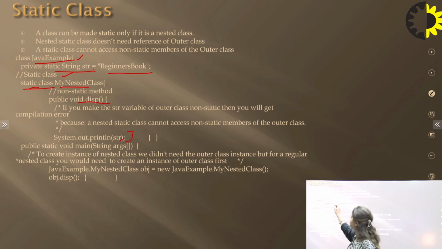As str is declared as static, and in the restriction number 3, what we said is that if the inner class, which is static in nature, wants to access some variable of the outer class, that needs to be static in nature. If it is not static in nature, then it's a problem. There will be a compilation error. So that's why the outer class has this static variable, and now this static variable can be printed inside our static class. So that is the logic behind the code.